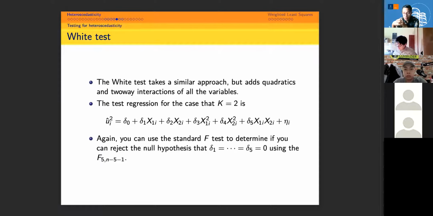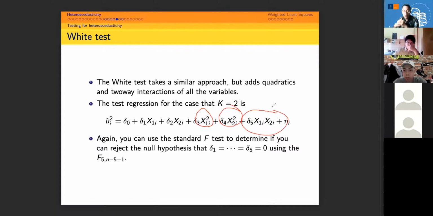It also uses the residual, and particularly the squared residual. What's different is that the White test adds quadratics. So if you regress with x1 and x2, you're also going to include the squared x1, the squared x2, as well as the interaction between x1 and x2.